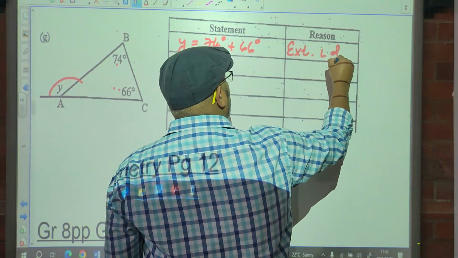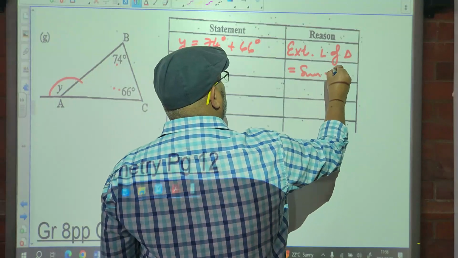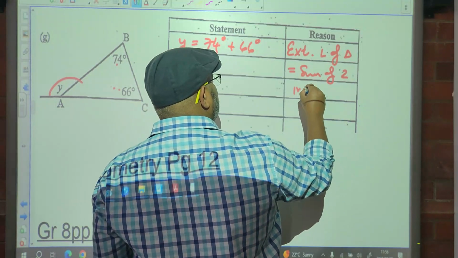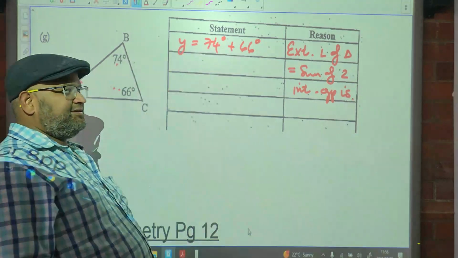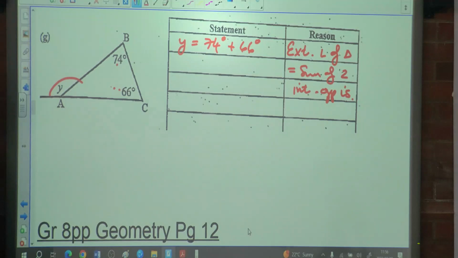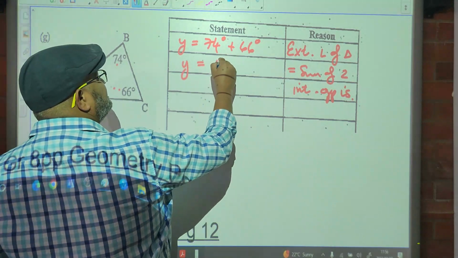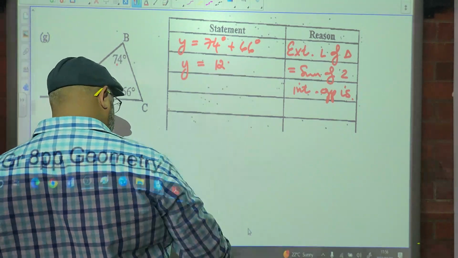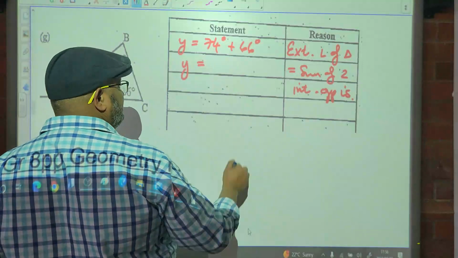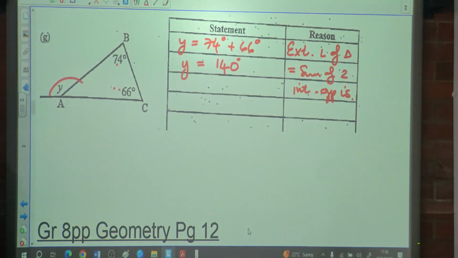Exterior angle of triangle is equal to the sum of the two interior opposite angles. Okay. So y is equal to 140 degrees. Any confusion there? Okay.